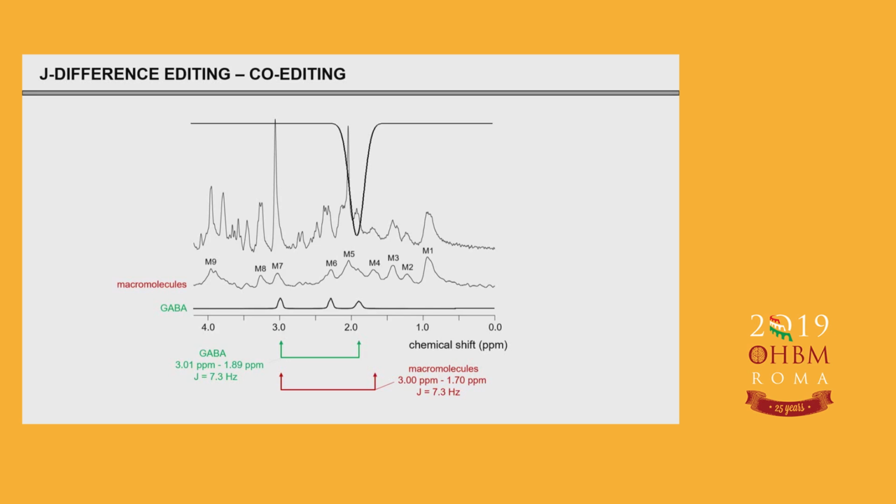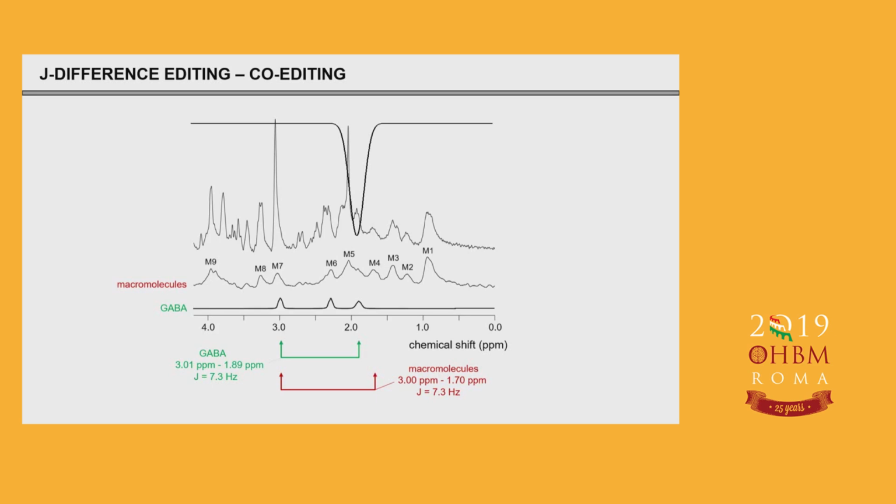Now, if that curve is narrow enough so that I don't affect M4, everything is good to go. Then M7 will be subtracted out and you don't have to worry about it. It turns out at field of 3 Tesla and below, it is impossible not to affect M4. You will affect M4. If you affect M4, you will edit out M7.